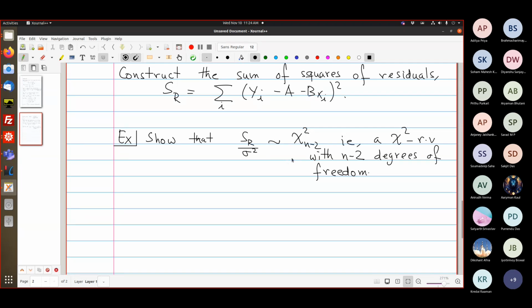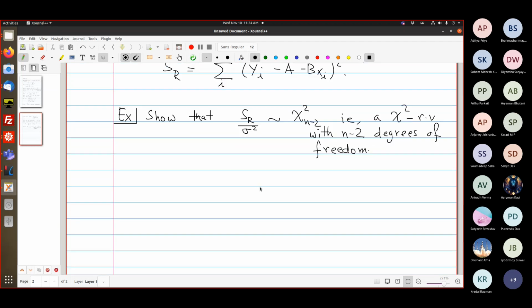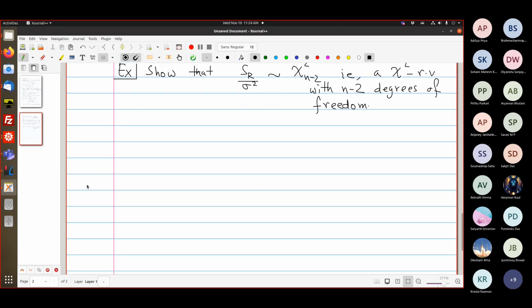Okay, so all you have to do is to show that this sum will give you n normals, and this a and b will sort of take off 1 degree of freedom each. That's the intuition behind why you have n minus 2 degrees. Okay, so this is also something that you can show.